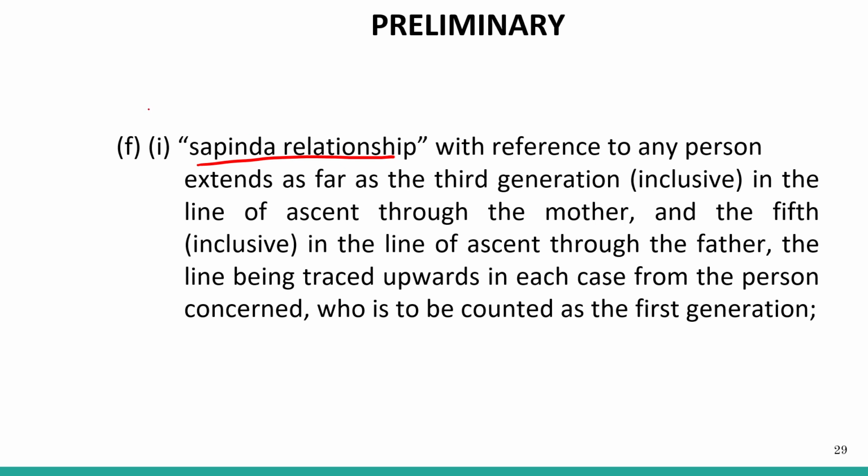So you cannot marry in the same pind. You must have heard that you cannot marry in the same pind, which means 3 lines of ascent towards the mother and 5 lines of ascent towards the father.